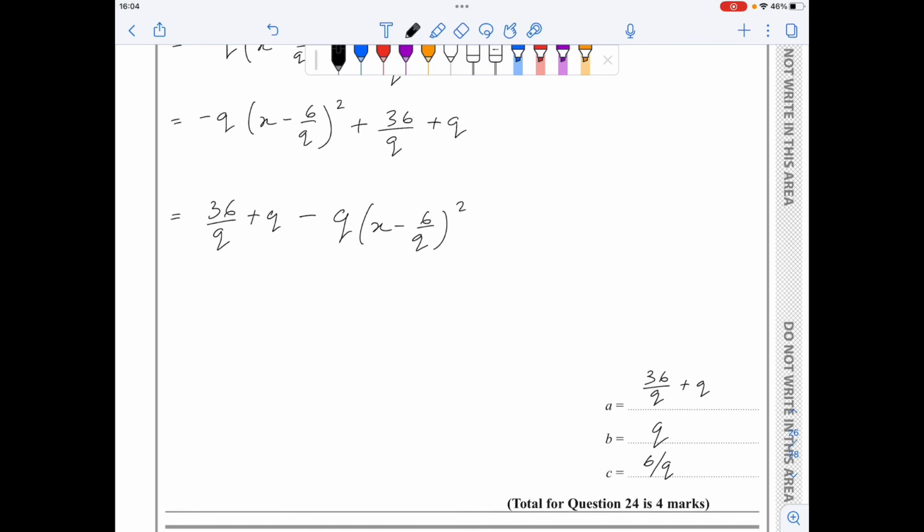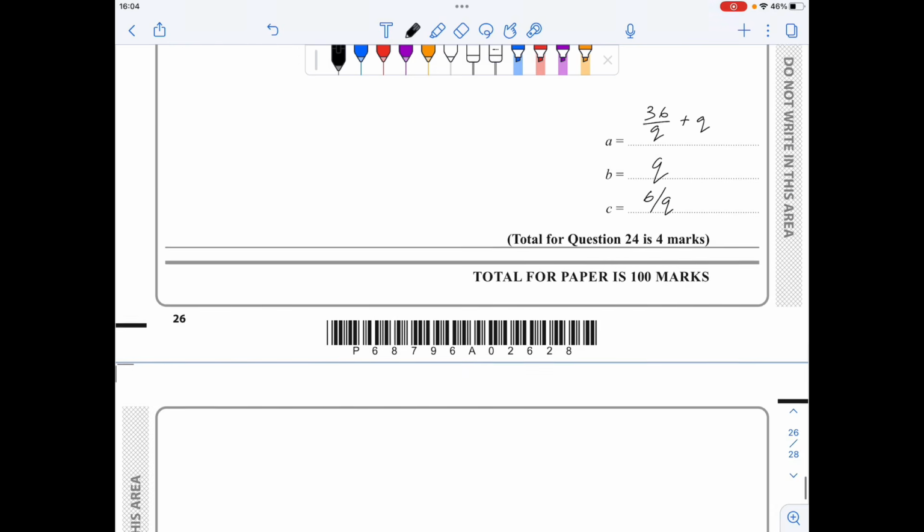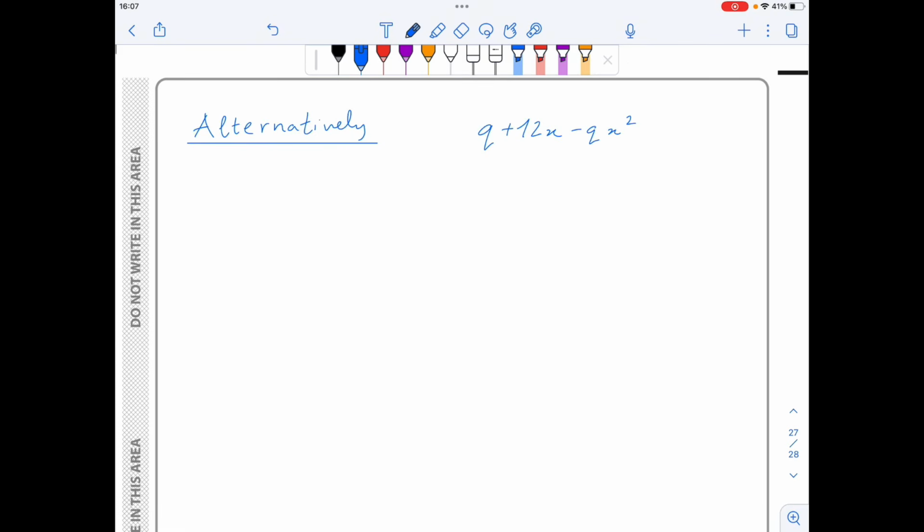As I mentioned before, there's an alternative way to solve this. This is my original expression, but this time I'll start with the target expression, which is a minus b times x minus c squared, and I'll expand this. a minus b times x squared minus 2cx plus c squared equals a minus bx squared plus 2bcx minus bc squared.